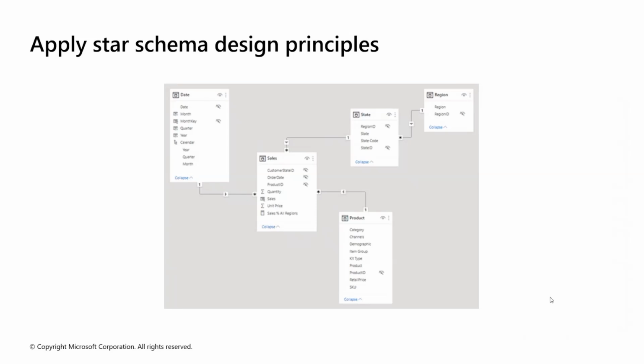For example, consider a disconnected table that is loaded with a range of currency exchange rate values. As long as a filter is applied to filter by a single rate value, a measure expression can use that value to convert sales values. Now let's move on to our next slide.